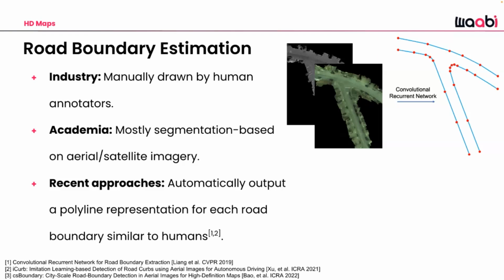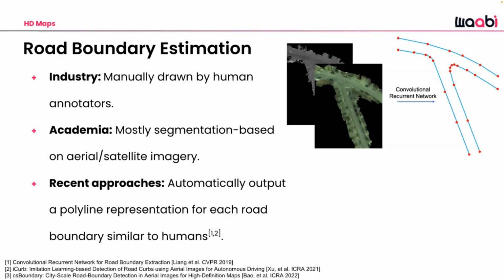Typically, the centimeter level precision that we're interested in is often beyond the current capabilities of machine vision alone. Generally speaking, in order to reduce these costs, we want approaches where machines and humans can collaborate to minimize the total number of dollars spent to build a map. In the next few slides, we will showcase some works that can generate various components of these HD maps in a way which is amenable to human-in-the-loop workflows.